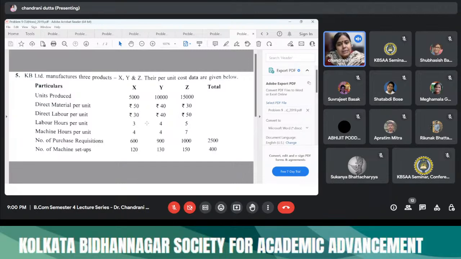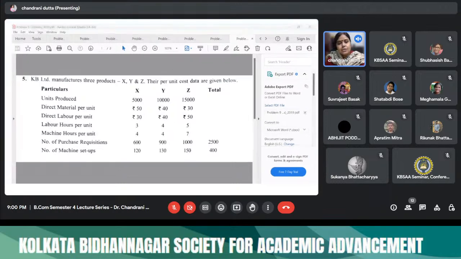X is consuming 20000 machine hours, Y is consuming 40000 machine hours and Z is consuming 1,05,000 machine hours. So based on that, department 1 and department 2 overheads will be charged to the products. Okay, so see.